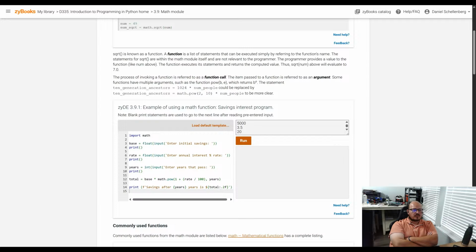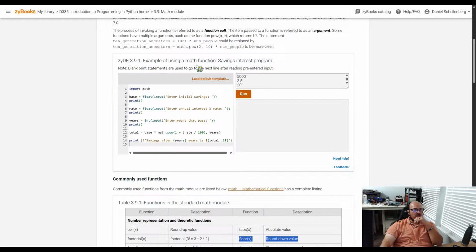The statement ten_generation_ancestors is assigned 1024 times number_of_people could be replaced by ten_generation_ancestors is assigned math.pow(2, 10) times number_of_people to be more clear.